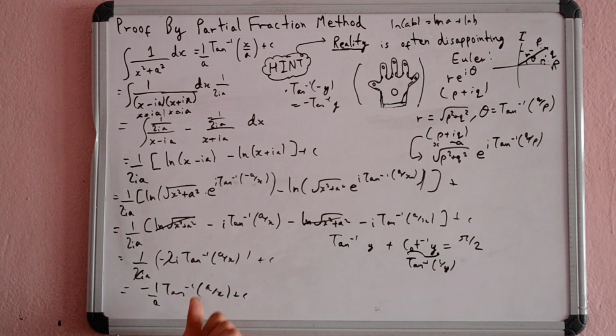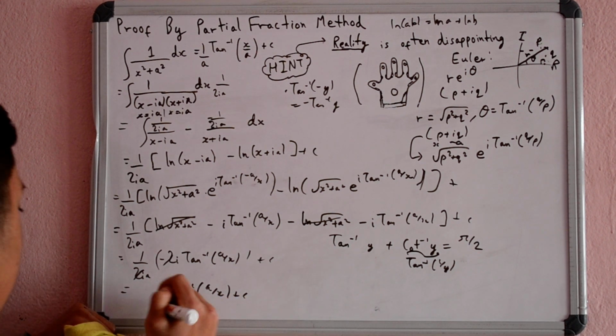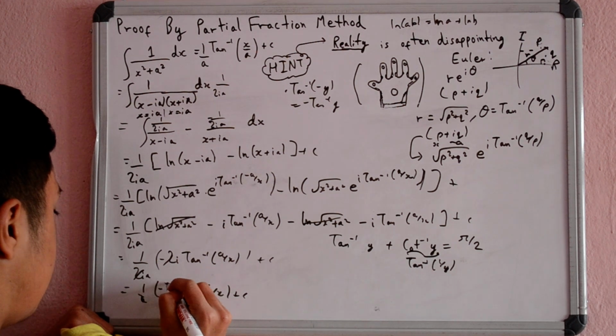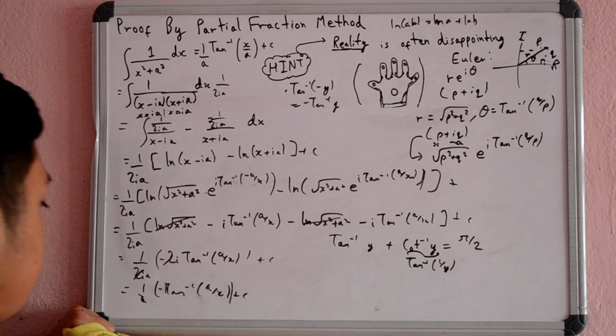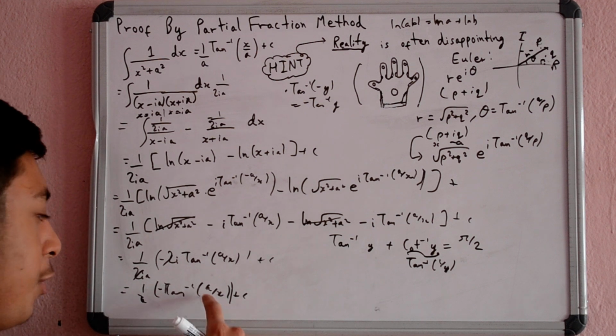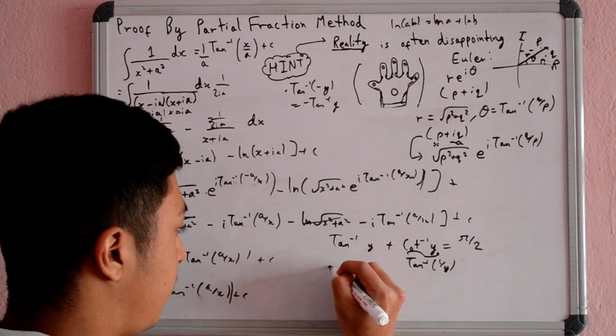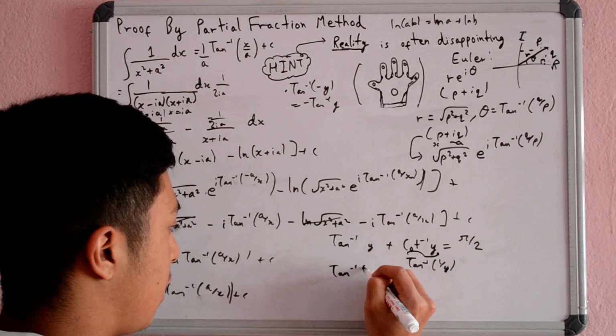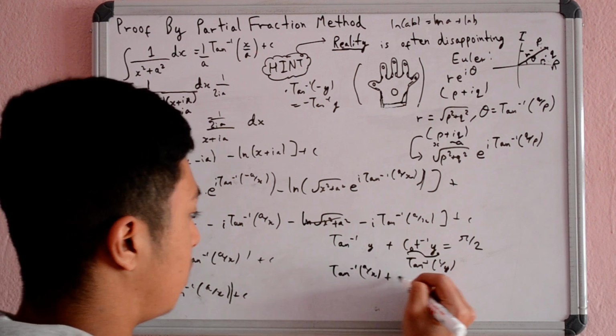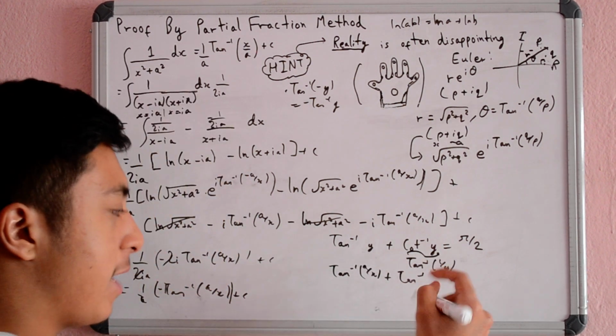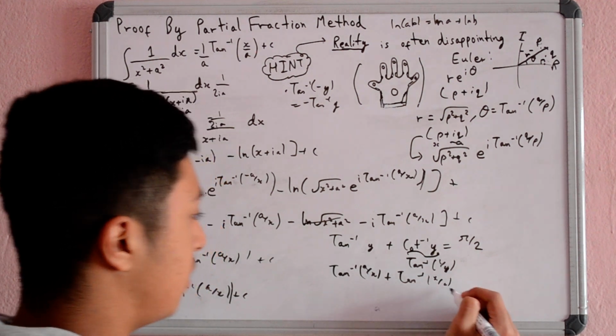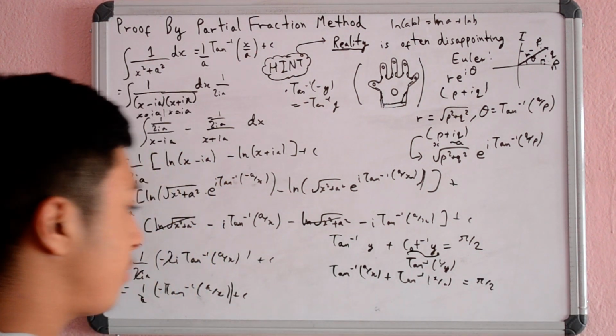Now, we have a by x over here, or let's just take it as negative tangent inverse a by x. So, if we put a by x as y, we'll have tangent inverse of a by x plus the tangent inverse of 1 by a by x, which is simply x by a, equal to pi by 2.